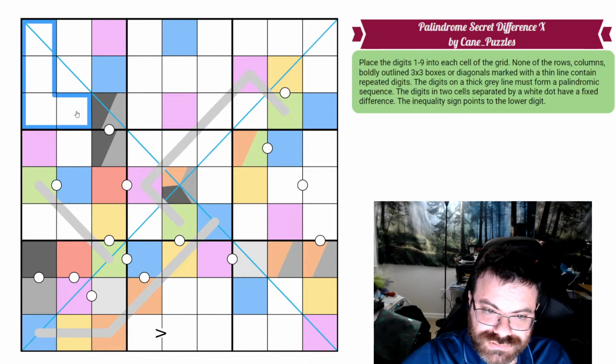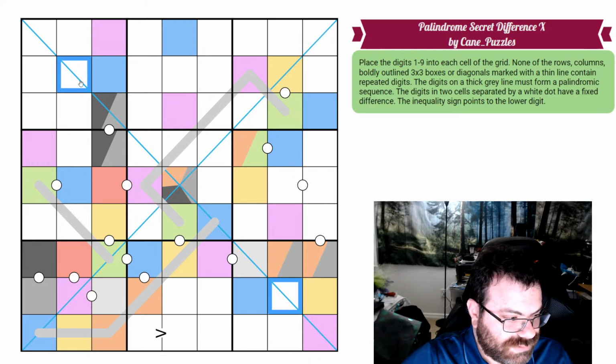Let's see. I think green could go either of these two places on this diagonal. Row 8, column 6.